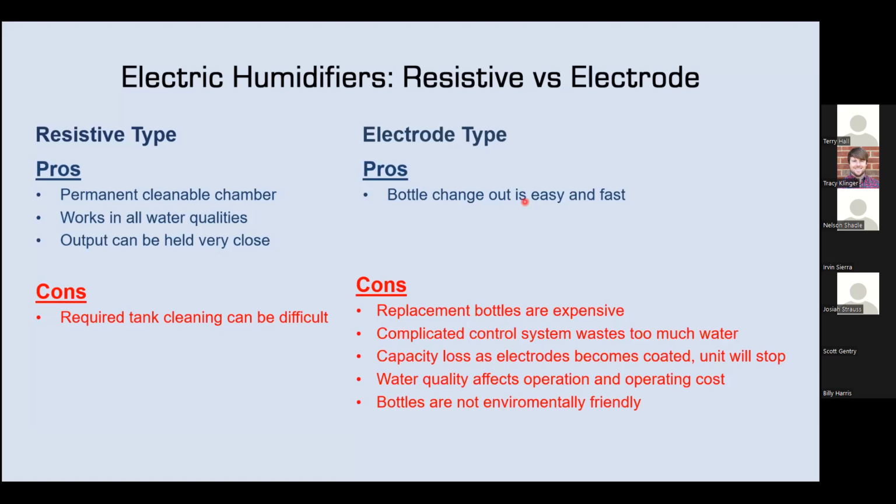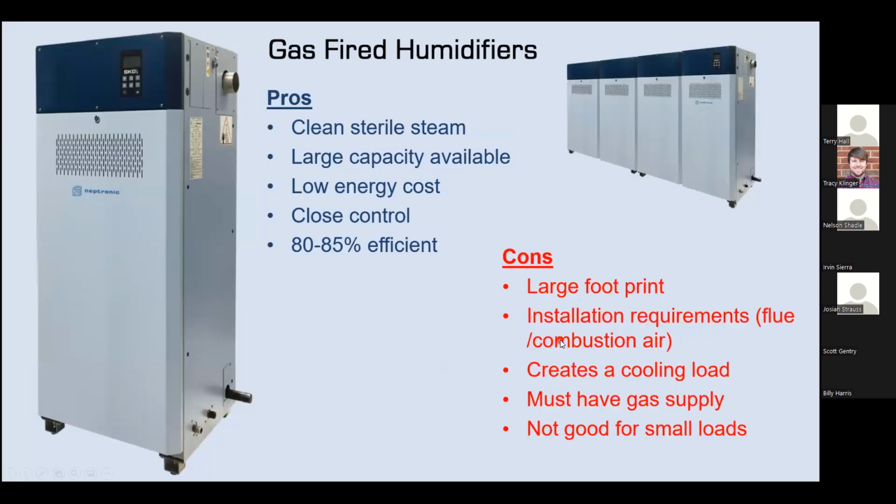Since I'm going to talk about gas humidifiers now, the cutoff point with electric where I'd start to consider going to a gas humidifier is somewhere above 100 pounds per hour. At this point you'd want to consider a gas humidifier. They're going to be more expensive, but you're going to have a lot more capacity available.